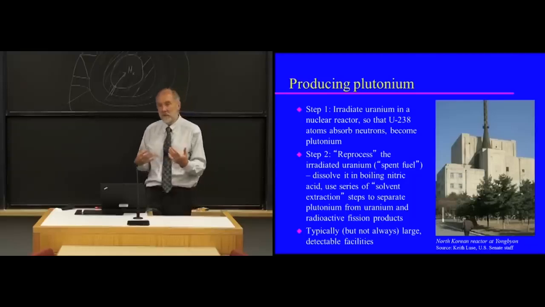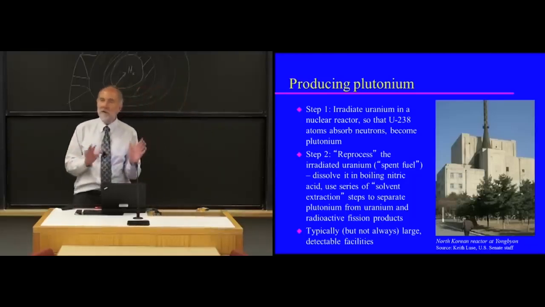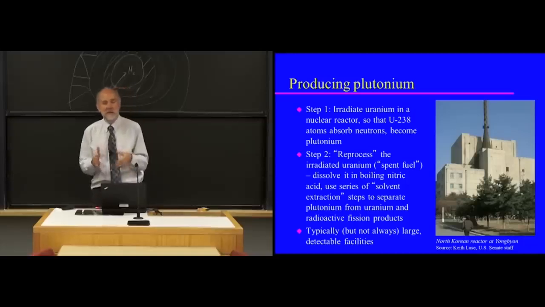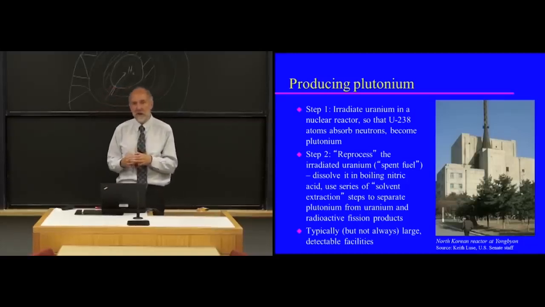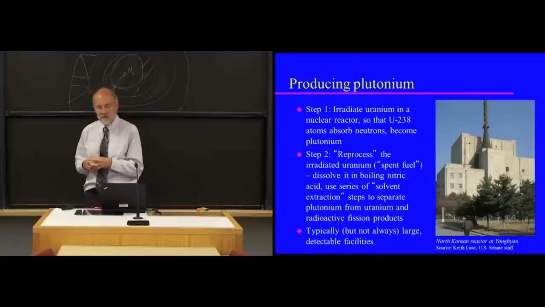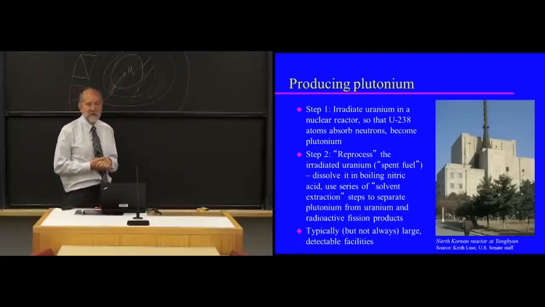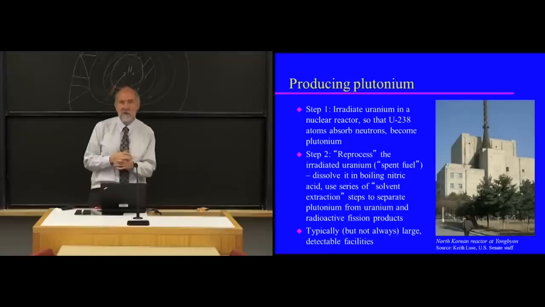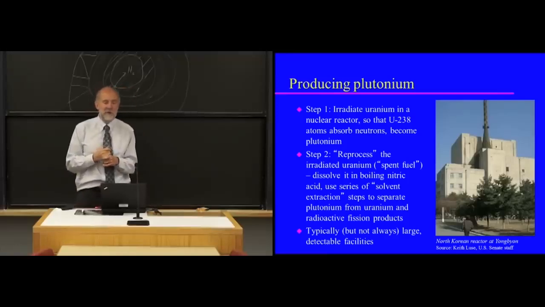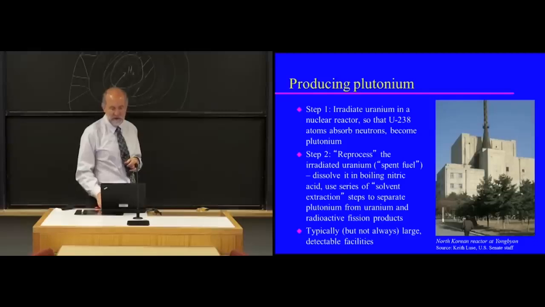And typically, both the reactors and the reprocessing plants are, though not always, large and observable facilities. So this here is a photograph that a Senate staffer took on a visit to the North Korean nuclear reactor that has produced the plutonium that North Korea has so far, which was the focus of the first phase of the North Korean nuclear crisis in 1994.